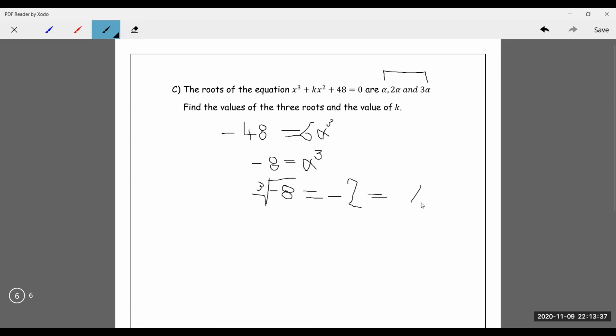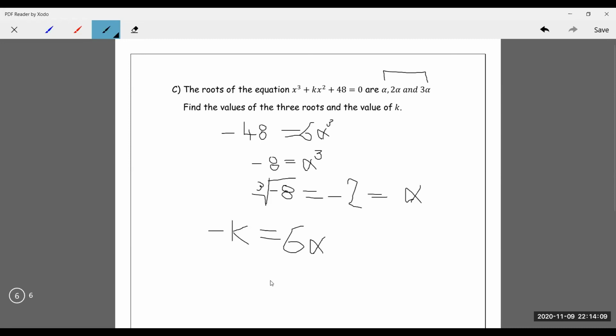Now that we find that alpha is equal to negative 2, we can proceed to find k. What is k? K is minus the sum of the roots. So minus k is equal to the sum of the roots. So minus k is equal to alpha plus 2 alpha plus 3 alpha. Alpha plus 2 alpha plus 3 alpha is 6 alpha. When we add all 3 roots, that's 6 alpha.